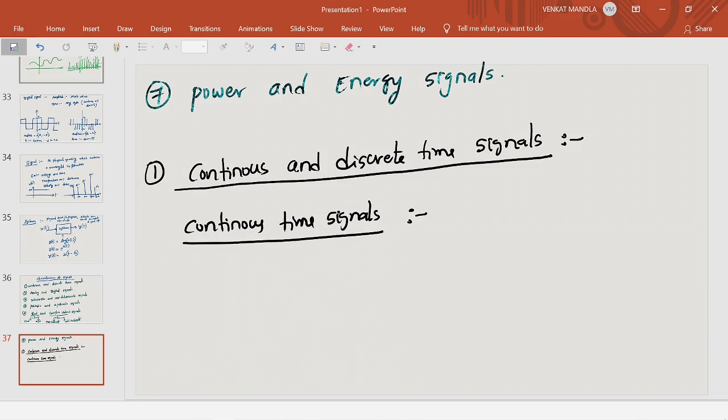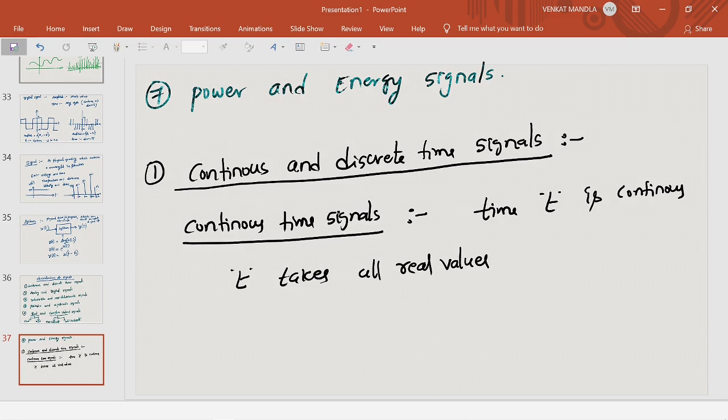In continuous time signals, the time t is continuous. So what does continuous mean? Continuous means the independent variable t takes all real values.